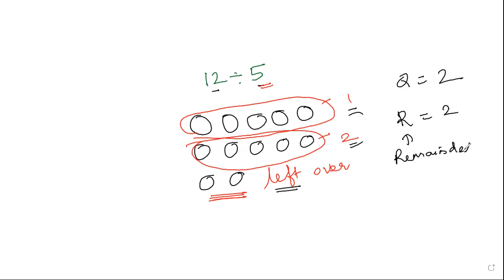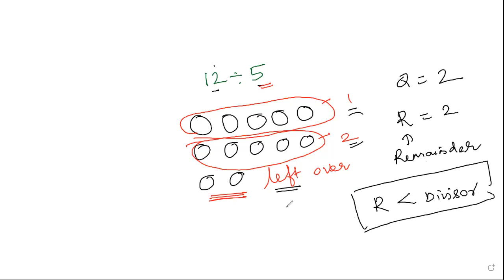The terms we have seen in division are quotient, remainder, dividend, and divisor. Your remainder should always be less than your divisor.